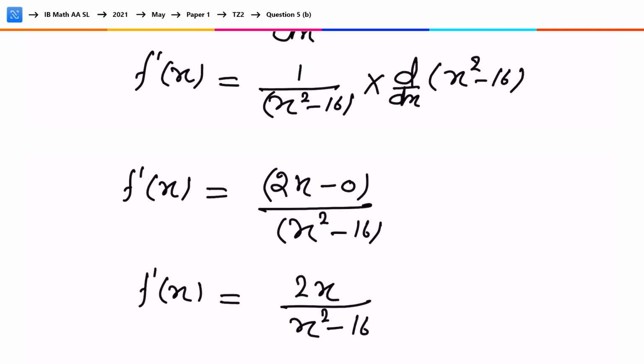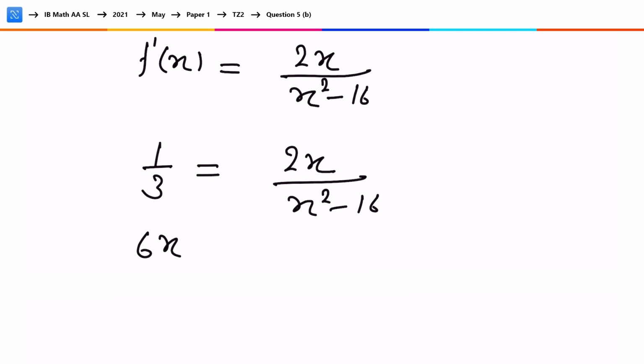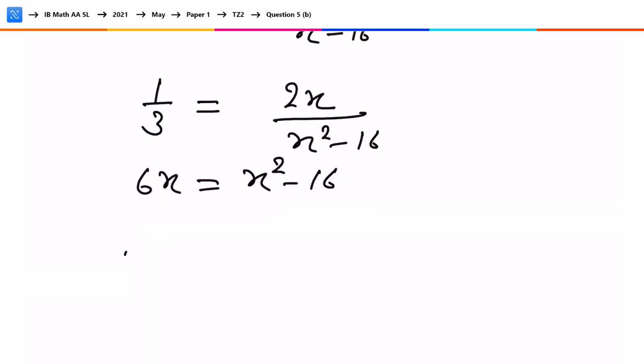Now we know that the gradient of the line L is 1/3, so we set f dash x equal to 1/3. This gives us 1 divided by 3 equals 2x divided by x squared minus 16, to get 6 times x is equal to x squared minus 16. The equation is x squared minus 6 times x minus 16 is equal to 0.